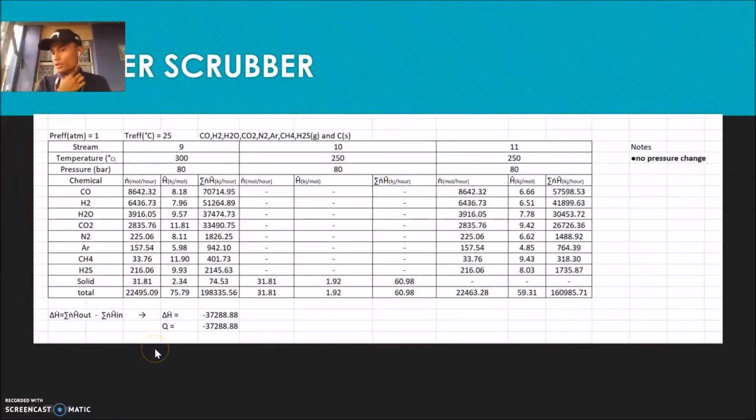Hence, the energy balance for the water scrubber is negative 37,288.88 kilojoule per hour.